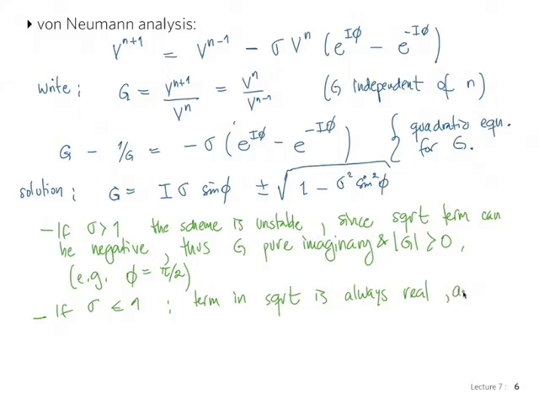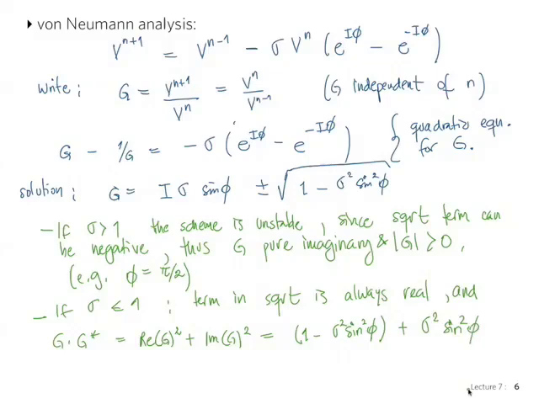And we can calculate the norm, G times the conjugate of G, which is the real part of G squared plus the imaginary part of G squared, and that's going to give us 1 minus sigma squared sine squared, plus sigma squared sine squared again, which is identically equal to 1, which means that the scheme is neutrally stable for the convection equation.